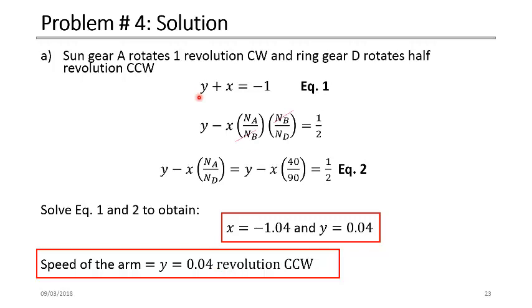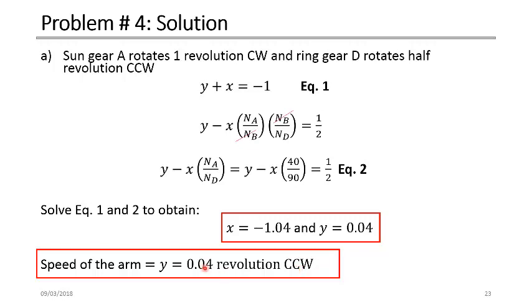And you see here, when the sun gear rotates one revolution, just one revolution, 360 degrees, and the ring gear rotates 1/2, so it rotates 180 degrees in the counterclockwise direction, and the sun gear rotates one revolution, 360 degrees, in the clockwise direction. So in the end, you will find that the arm here will rotate 0.04 revolution in the counterclockwise direction, the same direction as the ring gear.